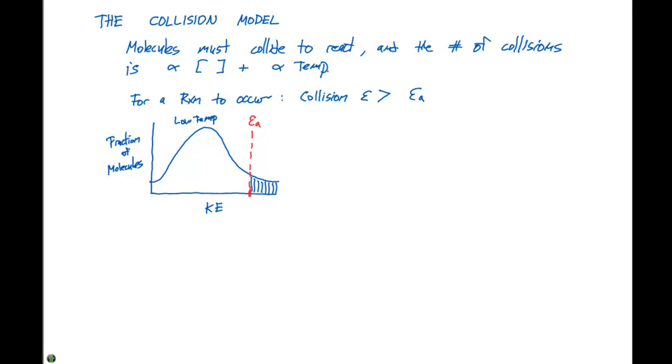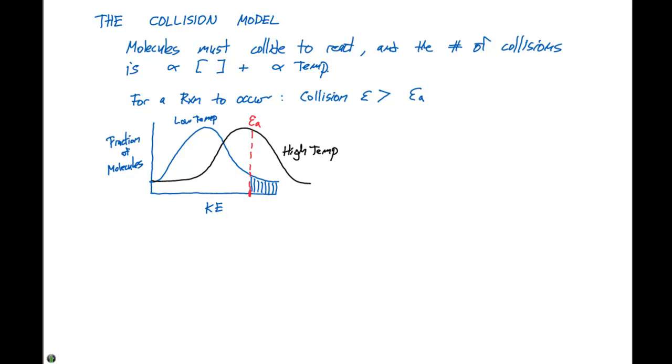Okay? Now what happens when we increase the temperature? So if we go to a higher temperature model, we will see something that looks like this. Okay? So here's our high temperature case.